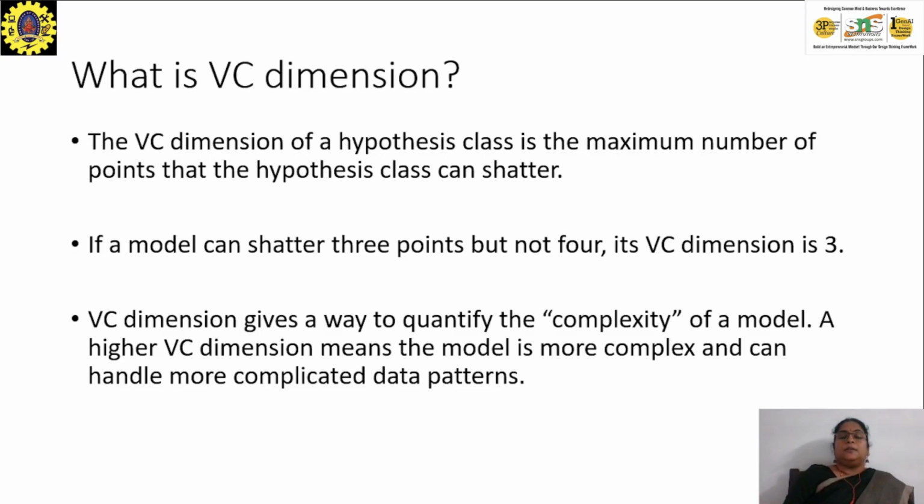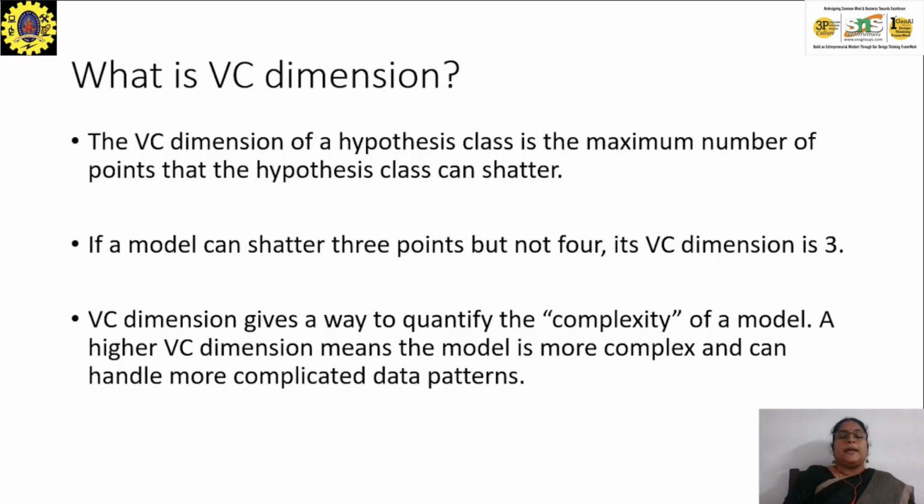So what exactly is a VC dimension? It is the maximum number of points in the hypothesis class which can be shattered. If a model can shatter 3 points, then your VC dimension value is 3.